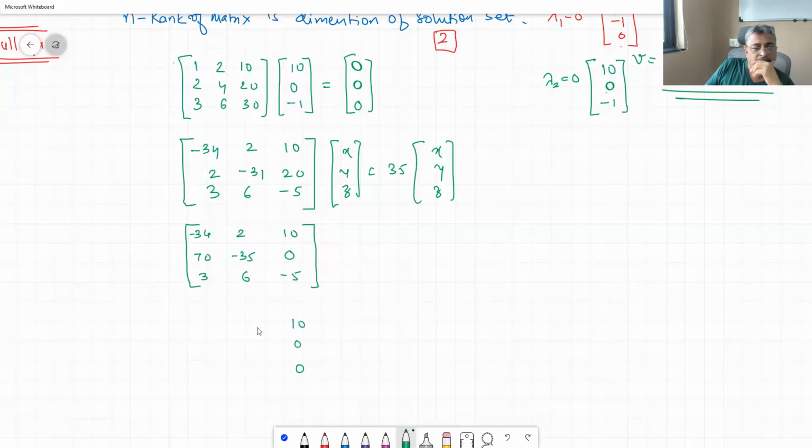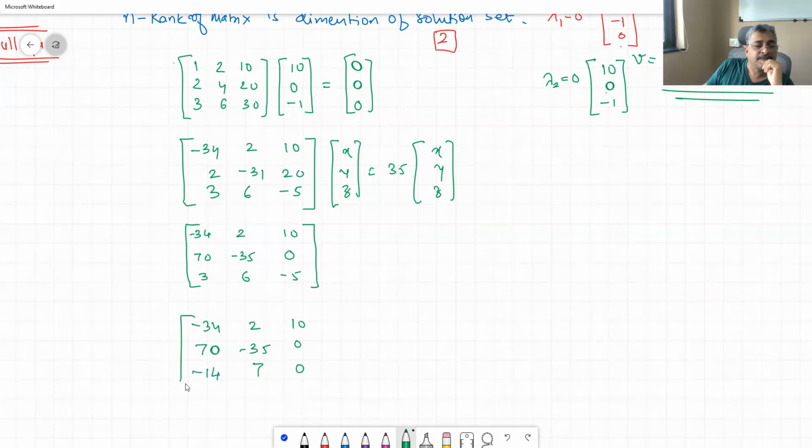0, 0, minus 34, 2, 70 minus 35. Now divide by 2 and add. Divide by 2, that is 1, and add, that is 7, divide by 2, 17 and 34, so minus 17 plus 3 is minus 14.